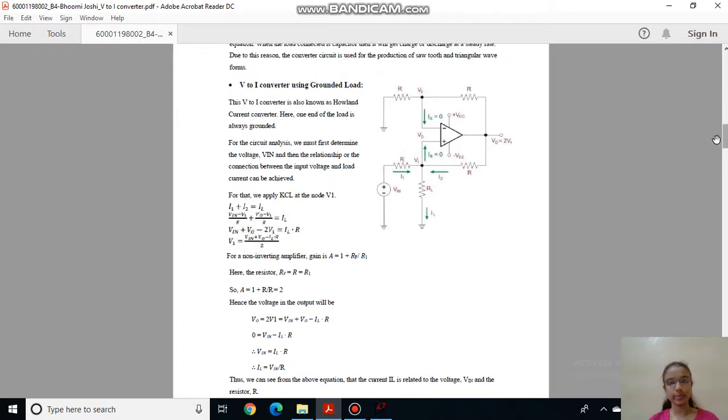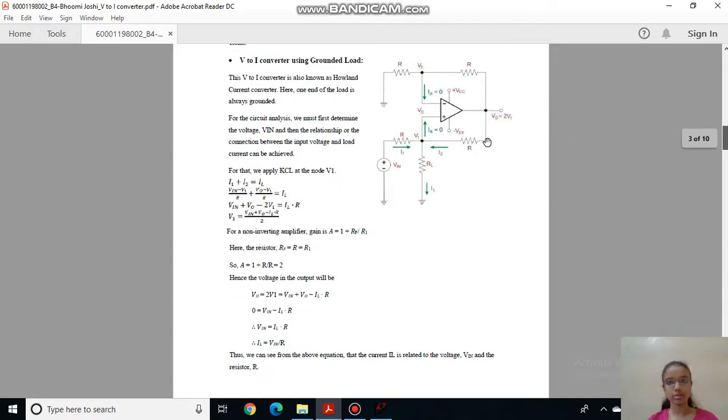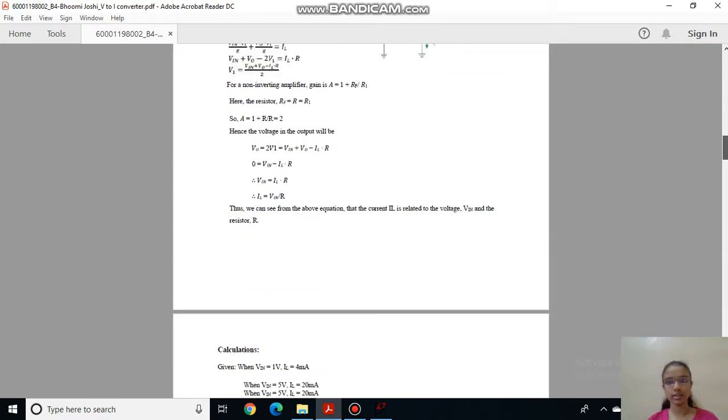As you can see, there is a circuit diagram for V2I converter using grounded load. Here load resistor is grounded, that's why it's called grounded load. Similarly here also we are applying input voltage to the non-inverting terminal, and as output we are getting current.